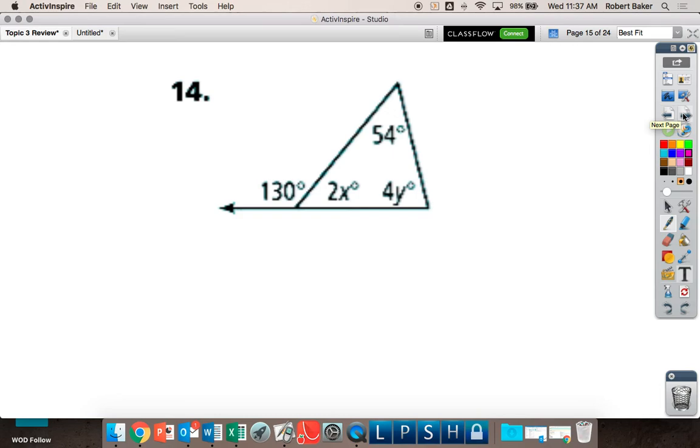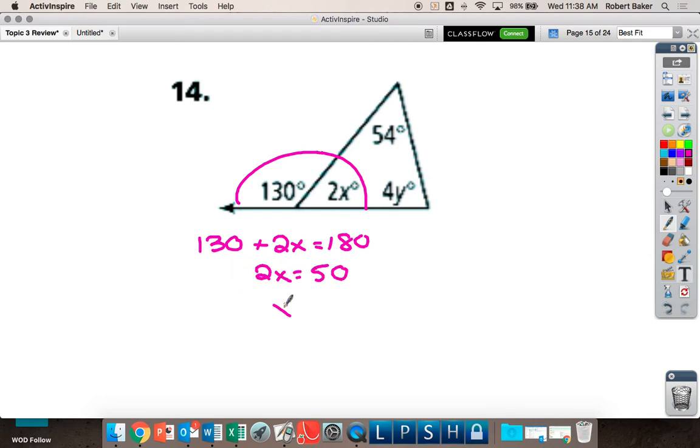More triangle math. Do we need more help on this or can we move on? We need help. So you can start with two definitions. Those add up to 180. 2x equals 50. That's one definition you can use. So you know this angle is 50 now.